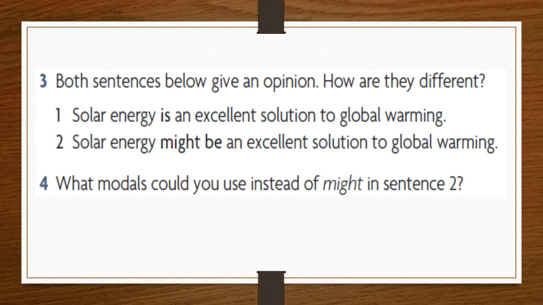Let's have some exercises. Both sentences below give an opinion. Tell me, how are they different? When I say solar energy is an excellent solution to global warming, it's a certain sentence. That's a fact. But when I say solar energy might be an excellent solution to global warming, it expresses possibility.